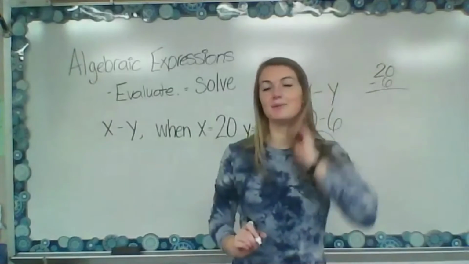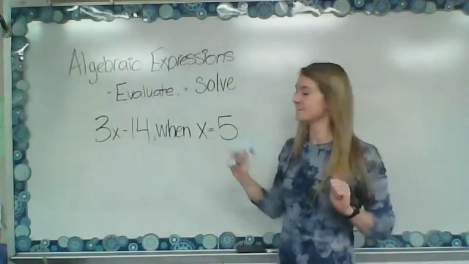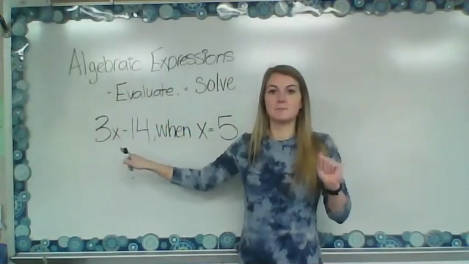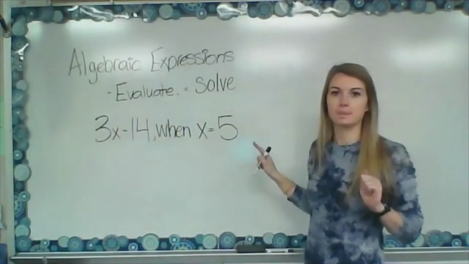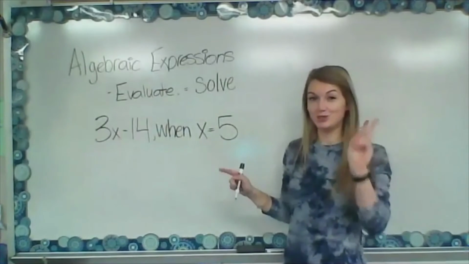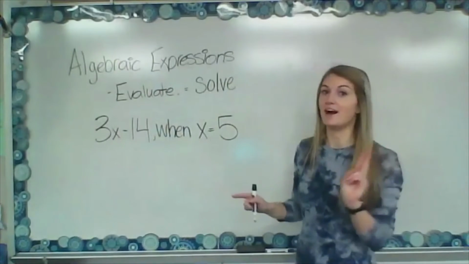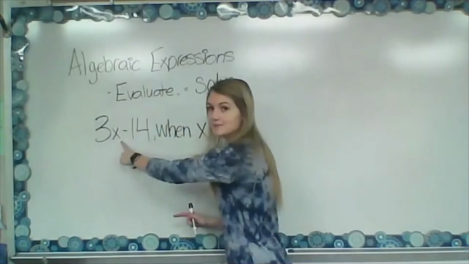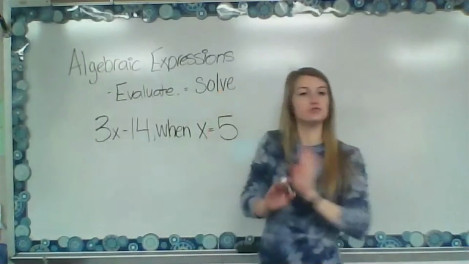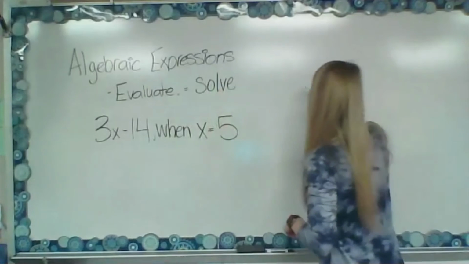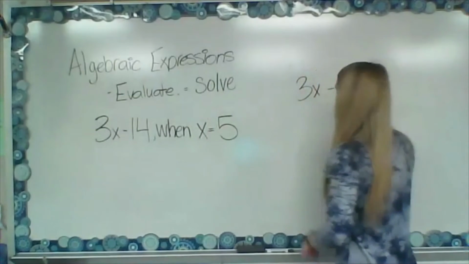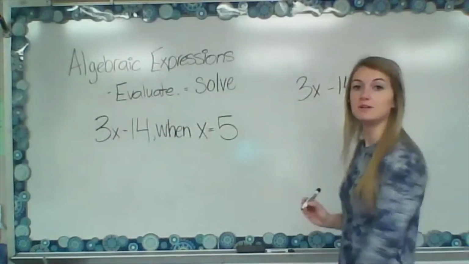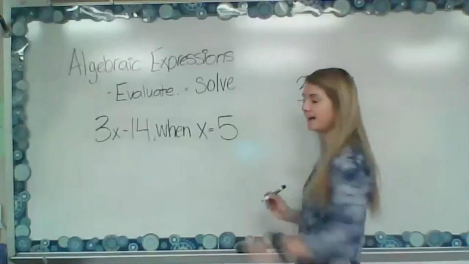Okay, we're going to go on. We're going to try another example that's just a little bit harder. You ready? We have 3x minus 14 when x equals 5. This is called a two-step expression. Why? Because we have 2 steps. So always, again, just start with what we know. 3x minus 14. What does x equal? 5.